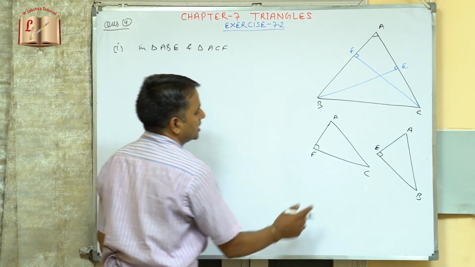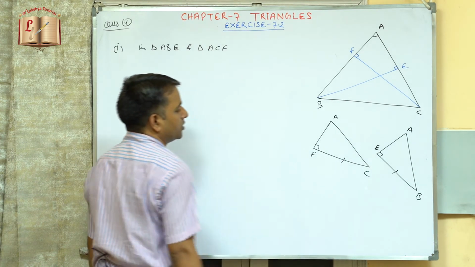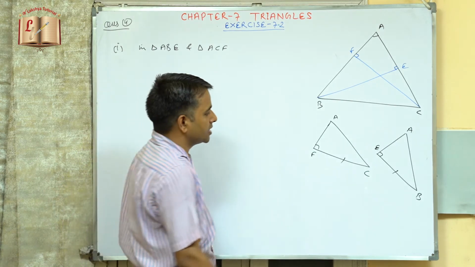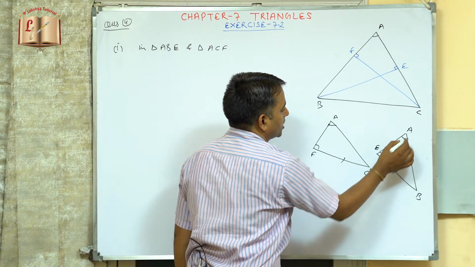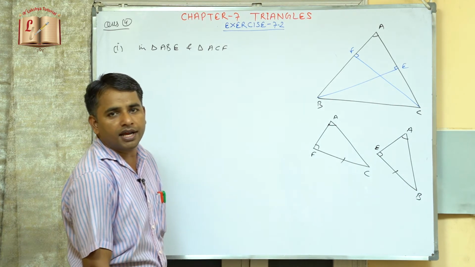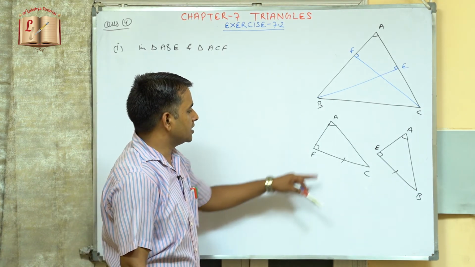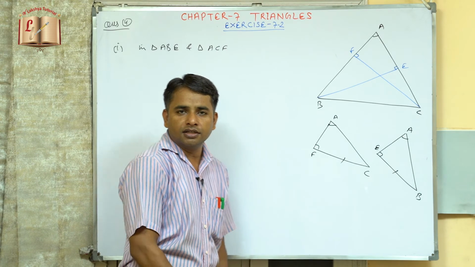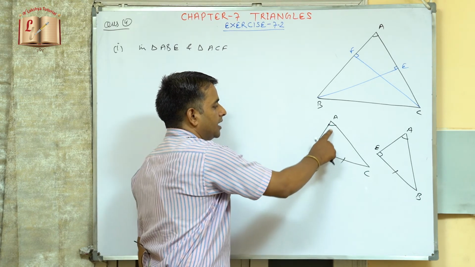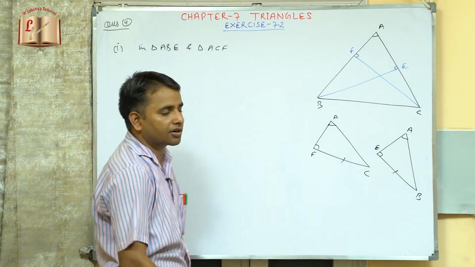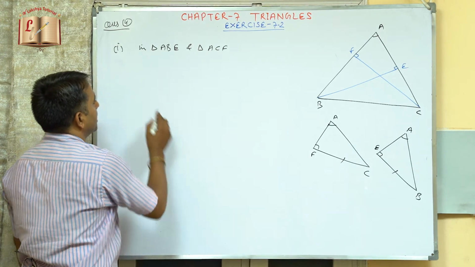In these two triangles, BE is equal to FC, this is already given to us, and angle A is equal to angle A, these are the common angles, and this is 90 degrees and 90 degrees. So this is again angle side. So they are congruent.